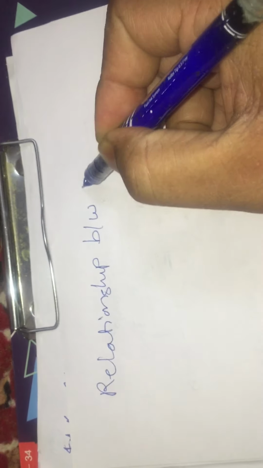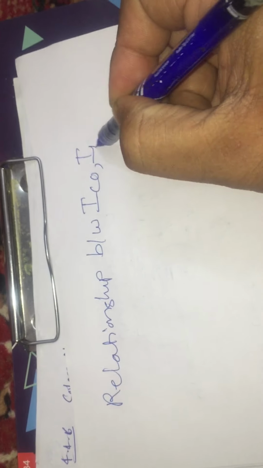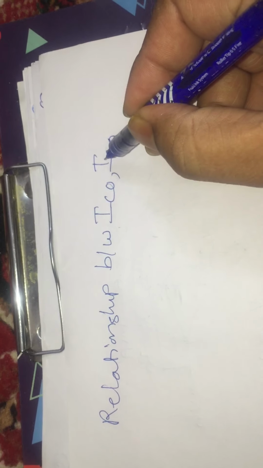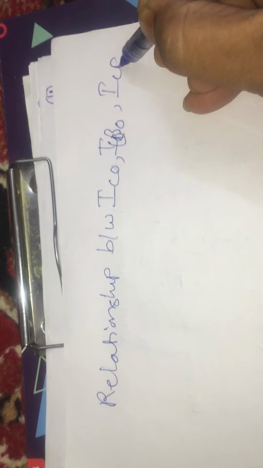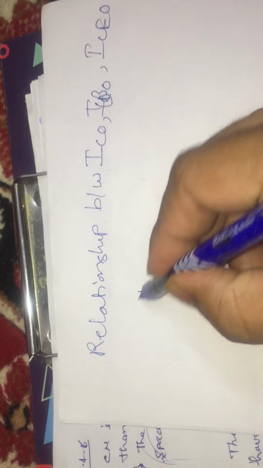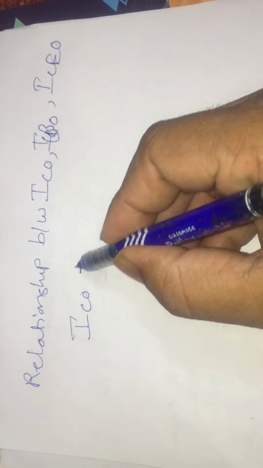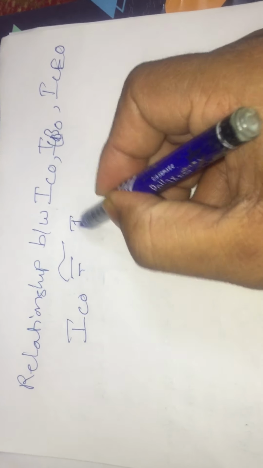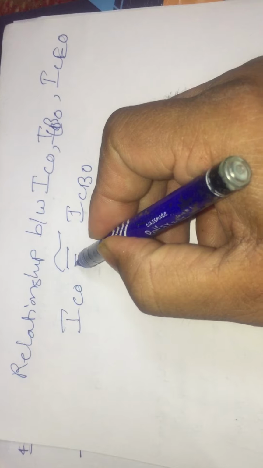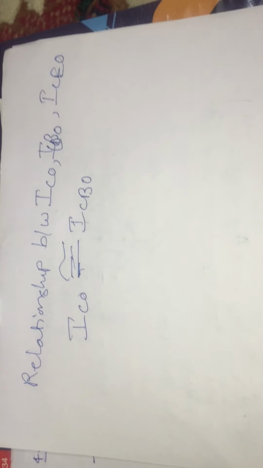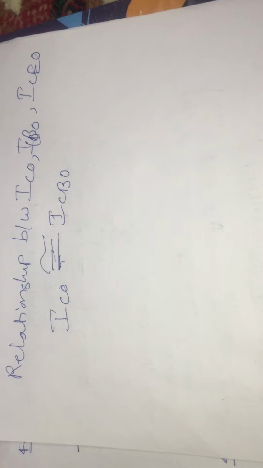First we define, as a question that comes in the exam, what is the relationship between ICBO and ICEO. First, ICO and ICBO are approximately equal to some extent, but there are some problems for higher current applications.